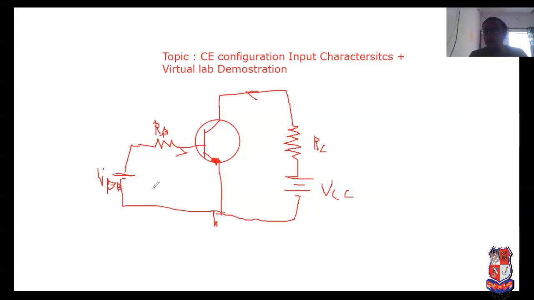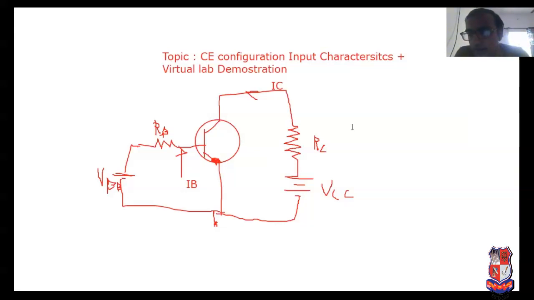Now due to this battery, one of the currents that can flow is known as IB, and here the current that flows is known as IC. Now, due to this IB and IC current, we want to measure the input and output characteristics.